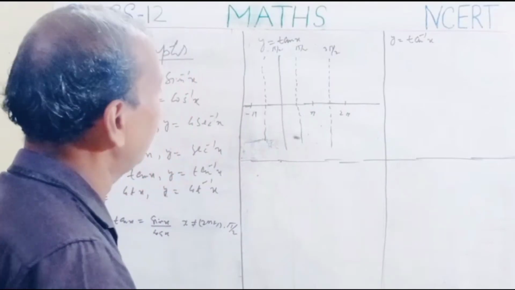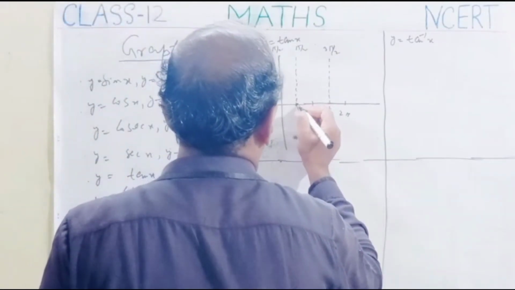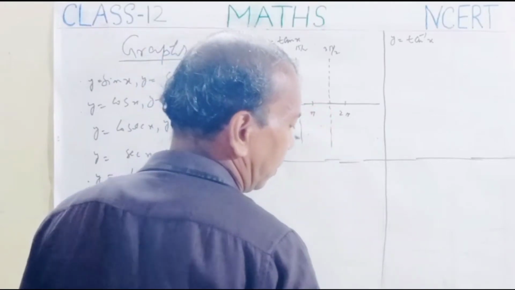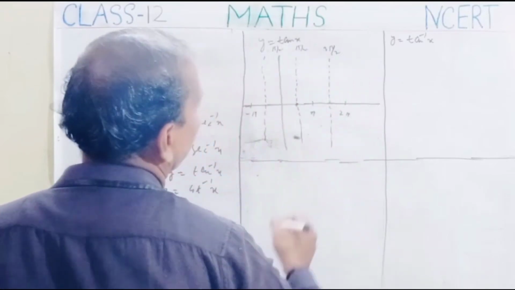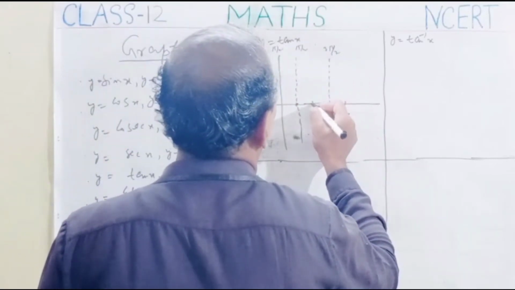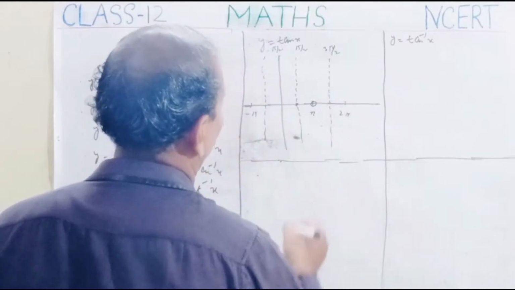And what is the value? The value at pi by 2 is going to be infinity. If you take the value at pi, it will be equal to 0.